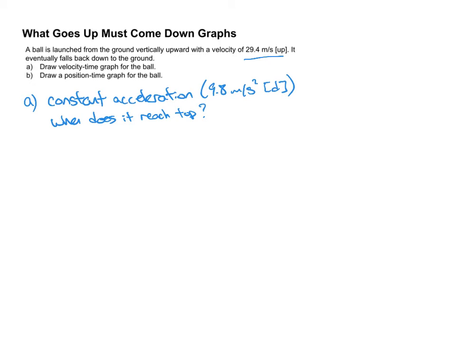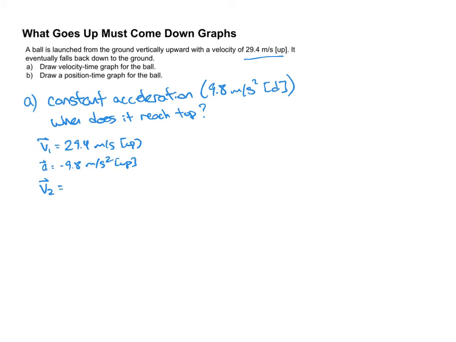Okay, so I'll do the algebra here, make a list. So my V1 is 29.4 meters per second up with an acceleration of negative 9.8 meters per second squared up. And when it reaches the very top, it comes to a momentary stop.